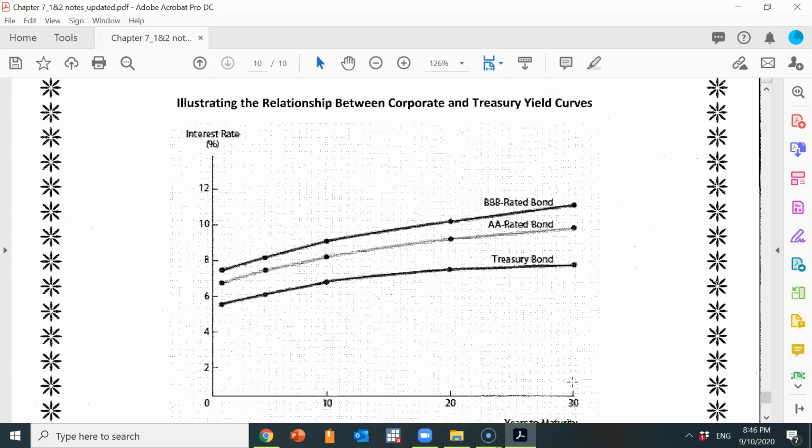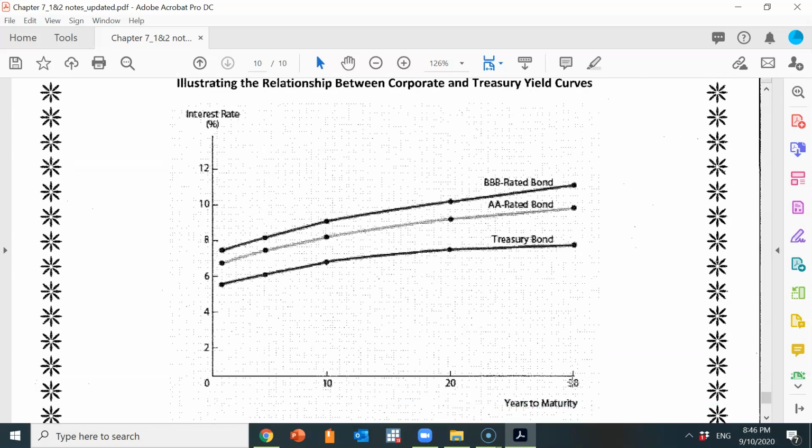Same thing on the next graph, illustrating the relation between corporate and treasury yield curves. First of all, these bonds have an upward sloping yield curve. When T goes up, the interest rate goes up. But in general, for bonds with the same T, the treasury bond has the lowest interest rate because of the lowest risk, and it does not have DRP or LP.